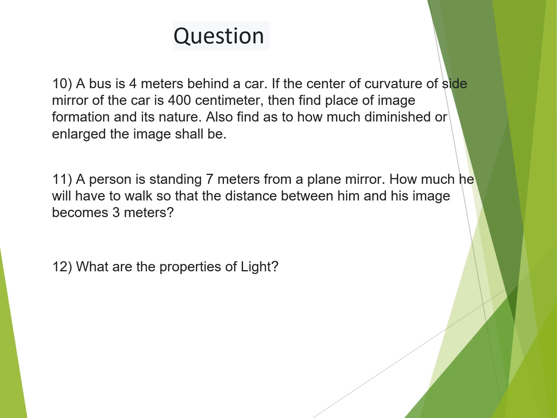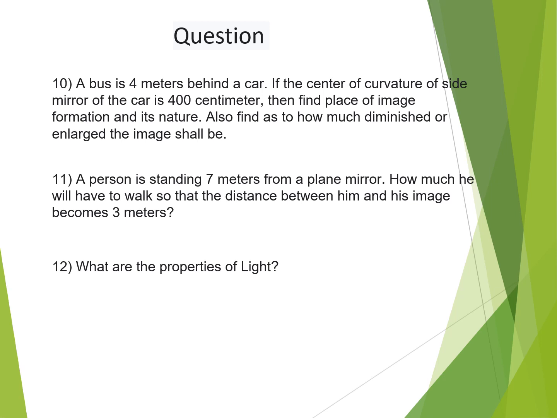Now apply the formula. 1 upon F is equal to 1 upon V plus 1 upon U. That is 1 upon 2 is equal to 1 upon V plus 1 upon minus 4. If you solve this, then we shall come to 4 upon 3 meters, and the sign will be plus.